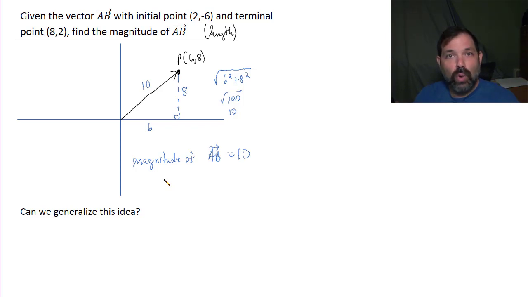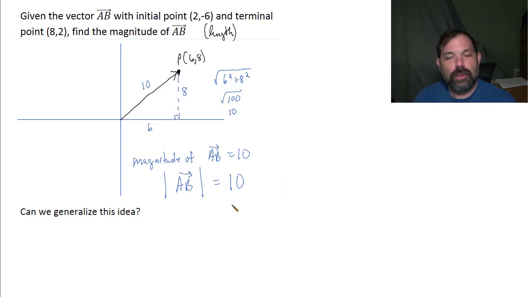If you think of the absolute value in 1 dimension, it was a distance from 0. The magnitude in 2 dimensions is still a distance from 0, but we find it a little differently. So we'll put the absolute value bars around the vector, and so the magnitude of AB is 10.